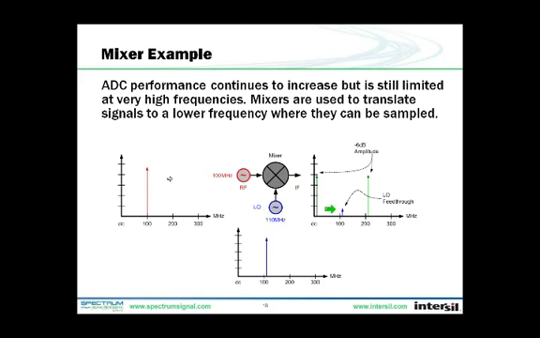So in this example, our RF signal is at 100 megahertz, and the local oscillator is at 110 megahertz. So our outputs would be at 10 and 210 megahertz. Typically, the information we're after is present in only one of these signals, so we can use a filter to remove the undesired frequency. Now, one complication is that additionally an RF signal at LO plus IF and LO minus IF both mix to the same IF.